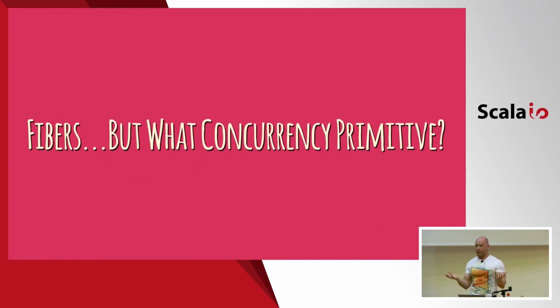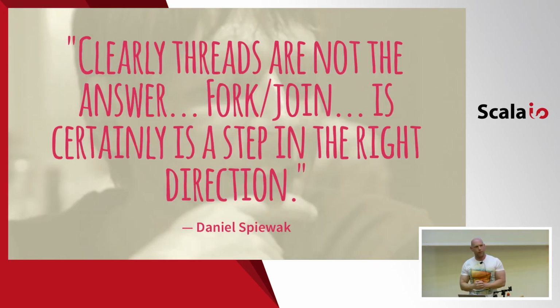So fibers, we want fibers, but what concurrency primitive are we going to use? If only we could turn to some well-known Scala expert who might be able to give us a clue about the right concurrency primitive here. Fork join. Daniel Spiewak himself said it.